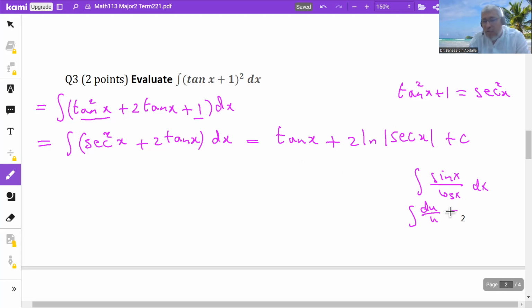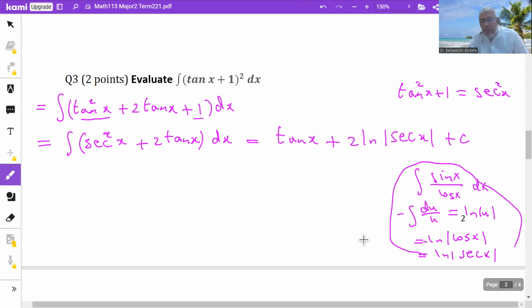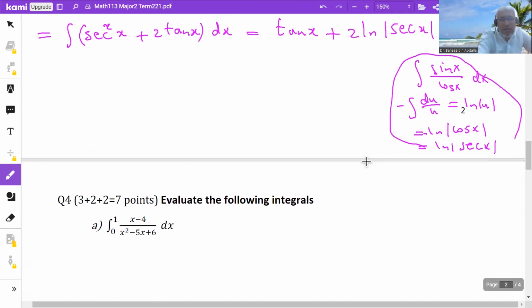So I'll have du over u, which is ln u, and there will be a negative sign here. So it will be negative ln cosine, or if you take this minus up, ln cosine to the power negative 1, which is secant. So ln secant x. So this is how to show that the integral of tan is ln secant, but you can immediately use it. You can just write integral of tan is ln secant, and that's accepted.